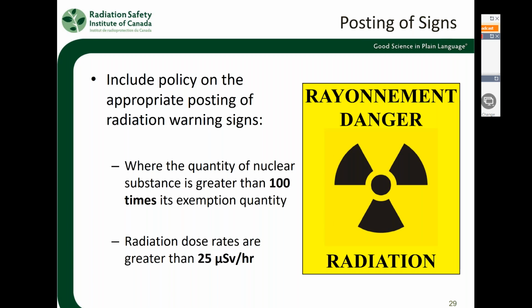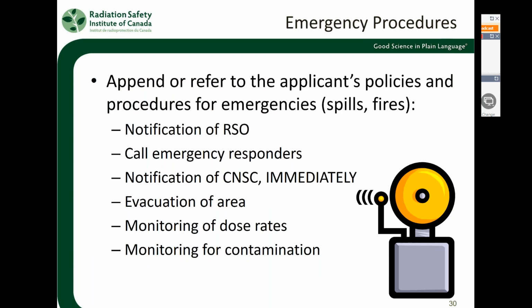And also don't forget to outline that you will not only be posting this radiation warning sign, but also the emergency contact information that's required by the Nuclear Substances and Radiation Devices Regulations. So who is to be contacted in case of emergency? That can be a security phone number or a central phone number, but of course, who needs to ultimately be contacted in case of emergency is the radiation safety officer.